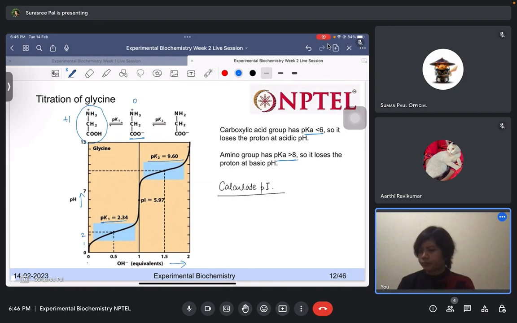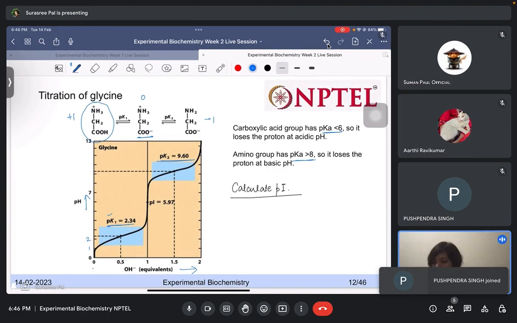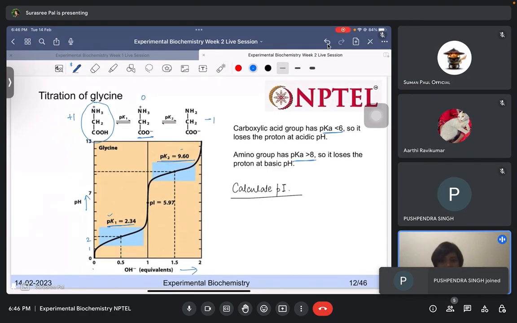So you can see that when it reaches the pH of 9.6, the glycine can lose its proton from the amino group, and now it exists in an anionic form carrying -1 net charge, right? So what happens here is that this pK1 you can determine, 2.34, pK2 is 9.60.